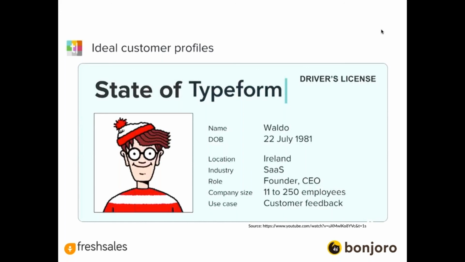SaaS was their best industry, and the use case was using forms for customer feedback. So I highly recommend going through the process of segmenting your customers and understanding which of them have the best ROI, and then try to find trends between these that will uncover some of these insights.